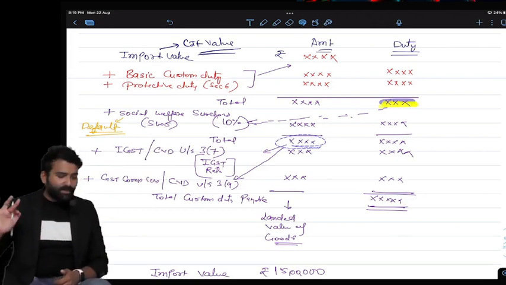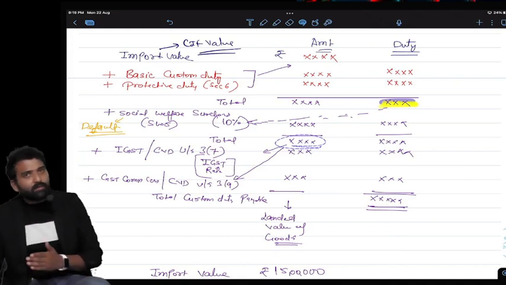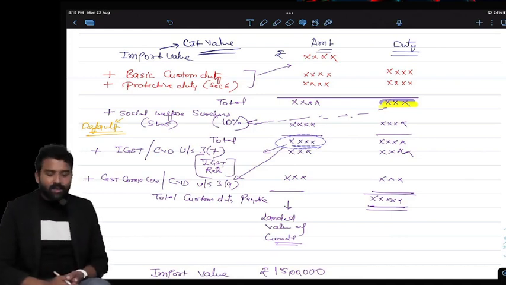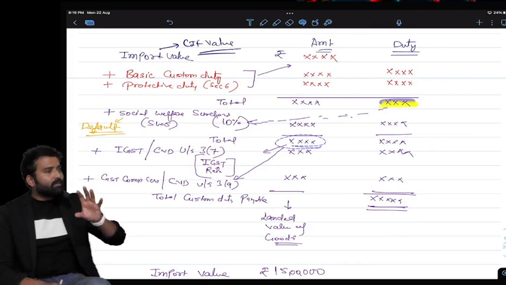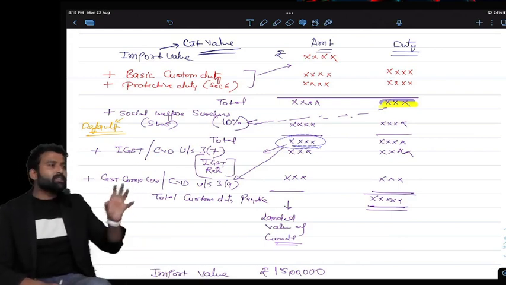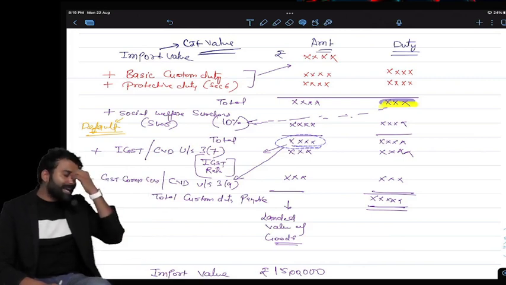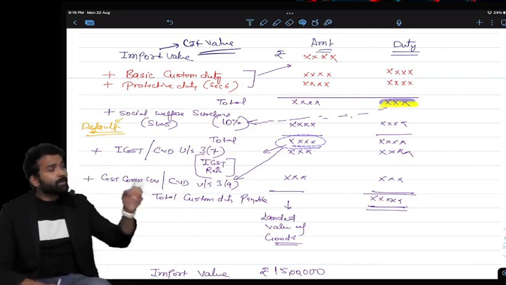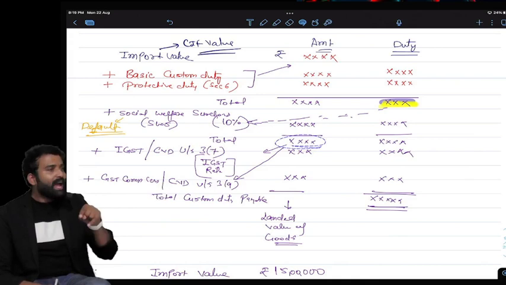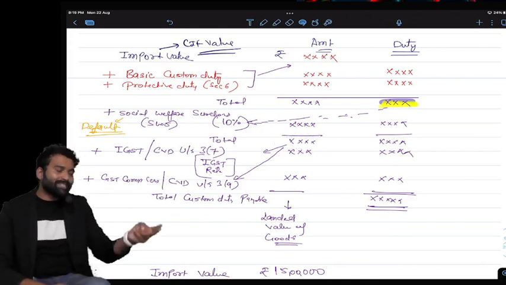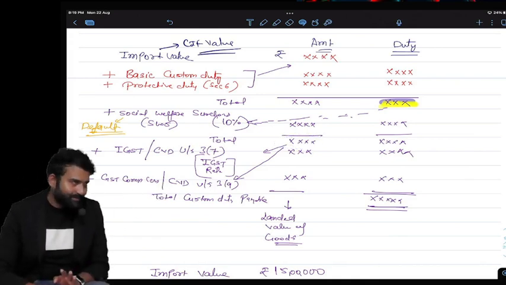Now that 3.5 is omitted, and there was also 3.3. 3.3 was for excise and 3.5 was for VAT. Both the duties are now omitted, and now there are new CVDs, 3.7 and 3.9.